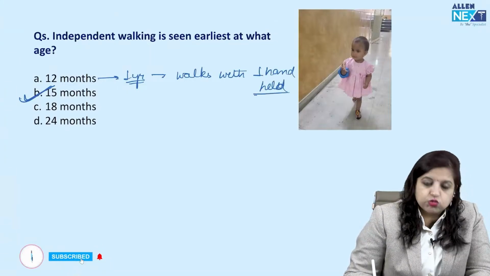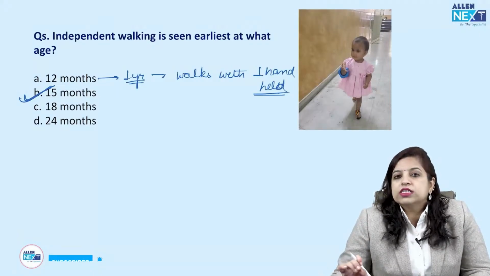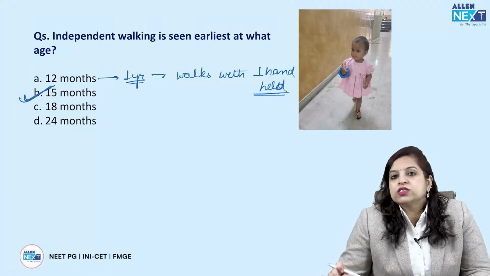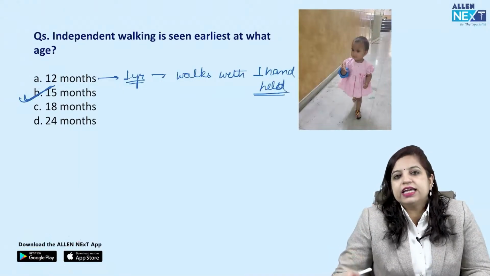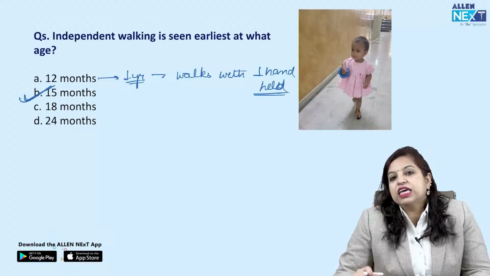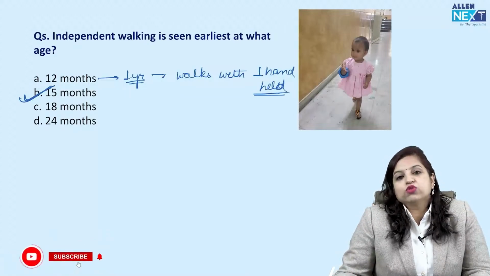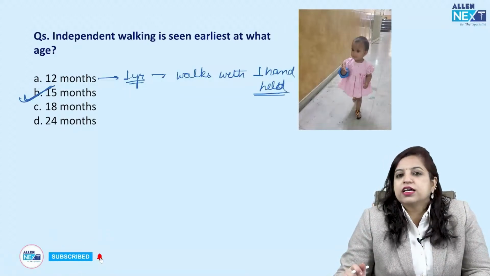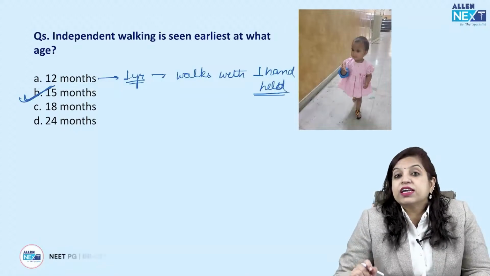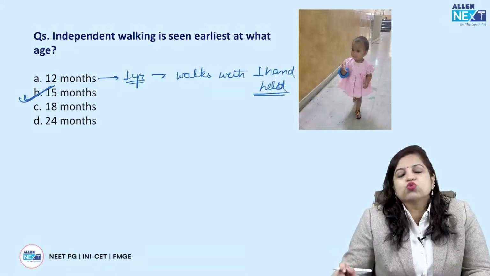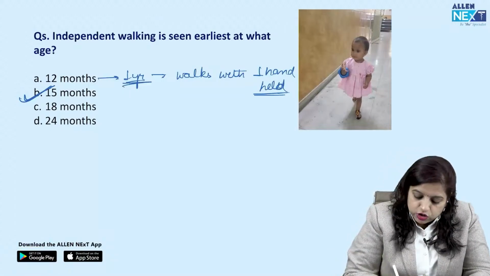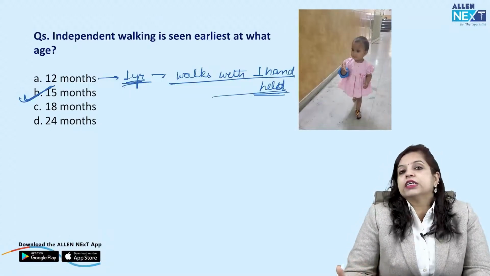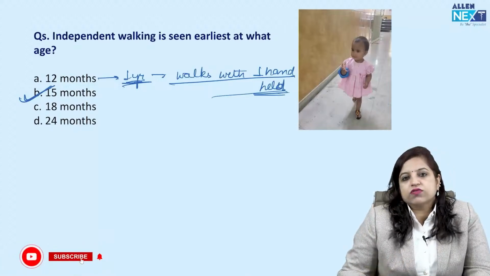I always tell my students a story. On his or her first birthday, the mother would hold one hand of the child and take the child to the table where the cake has been set, so that he or she can cut the cake and enjoy the moment. So remember, one hand held. The child has to hold the hand of the mother and walk to the table. So at 1 year of age, walks with one hand held. Independent walking comes at 15 months of age, right?